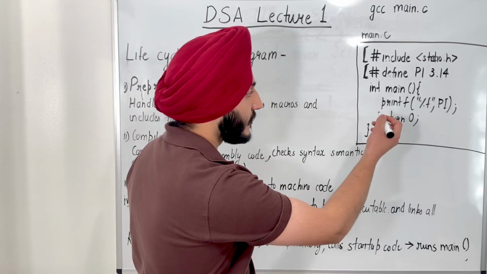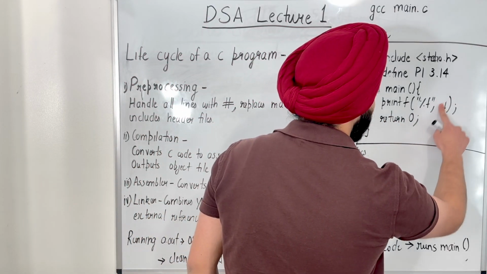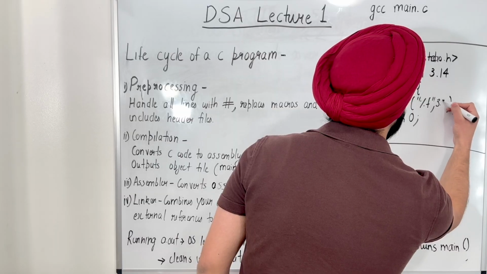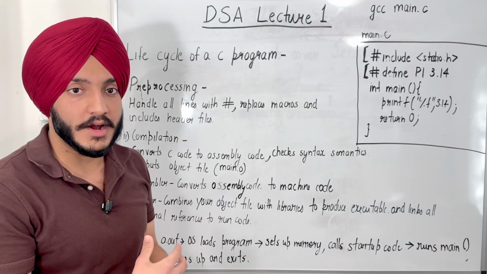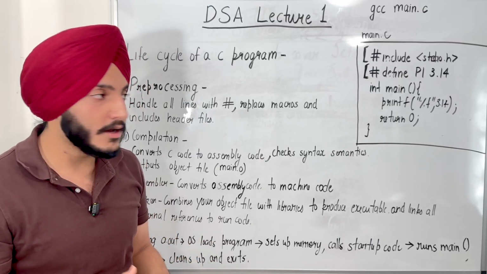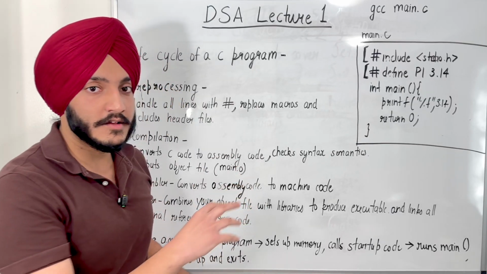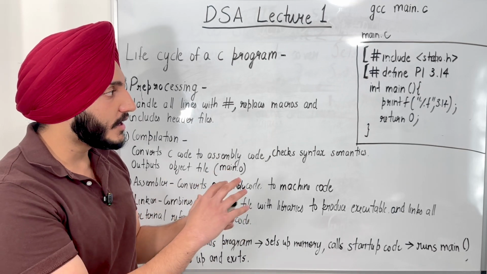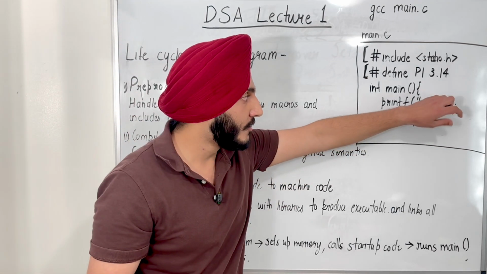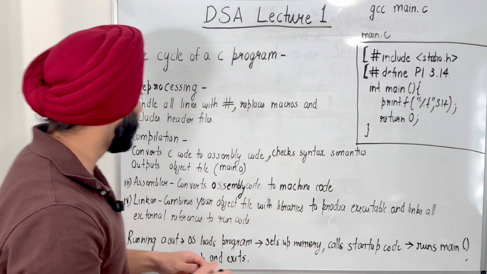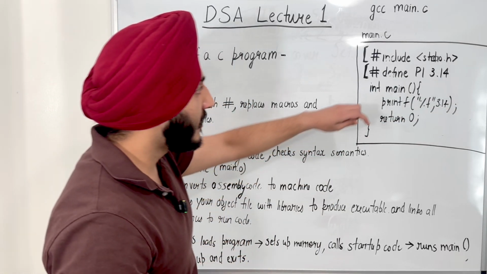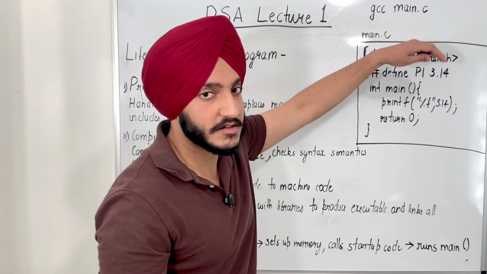So preprocessor will replace this pi with 3.14. Basically, we defined it so that we don't have to write the value 3.14 again. And what the preprocessor did is it saw that we have defined that variable and it replaced wherever we used it with the actual value, right? So very simple to understand. And the second thing it does is it also includes this header file.